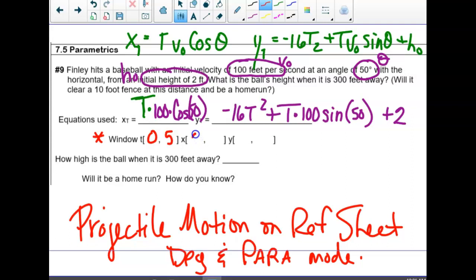Again, we don't need negative. It says, what is the ball's height when it's 300 feet away? So that's a clue to me that we might have to go out to like 350 or 400. How high up do you think a ball goes? It says, will it clear a fence 10 feet tall? But I'm thinking it might go higher than that. Should we put like 50? Okay, let's try that.